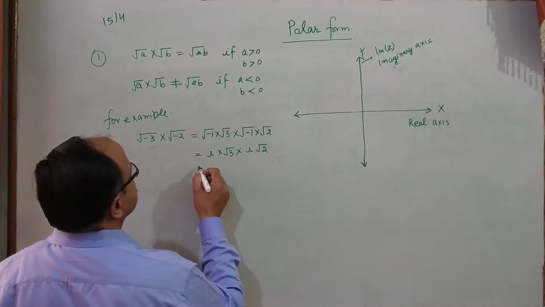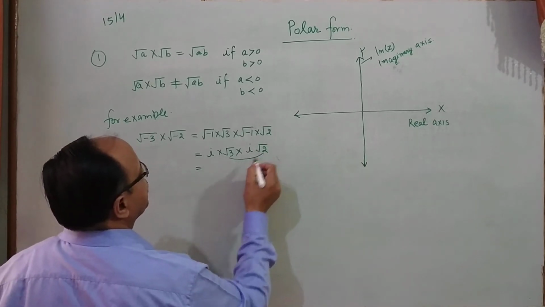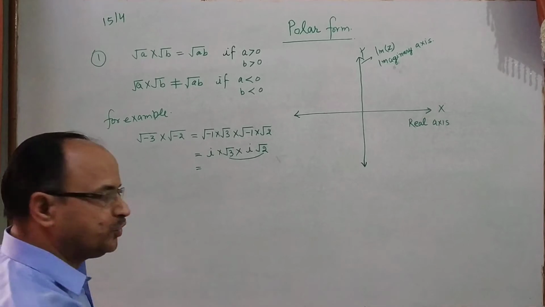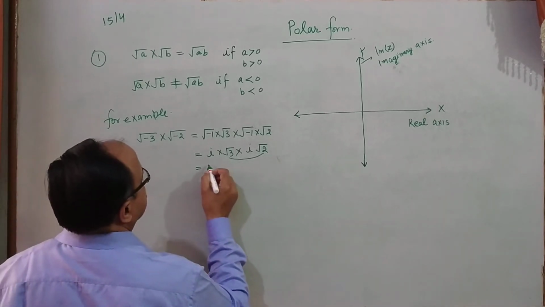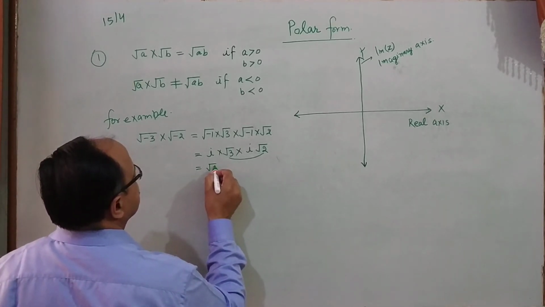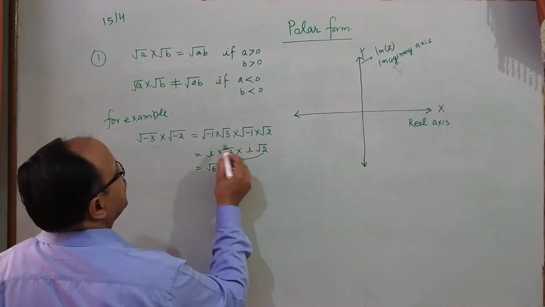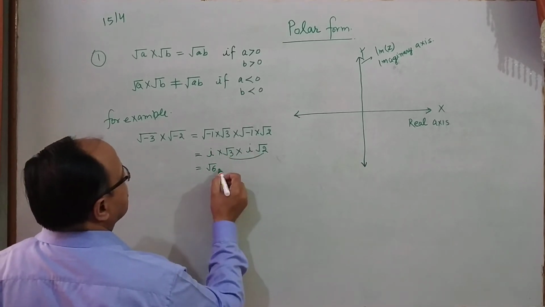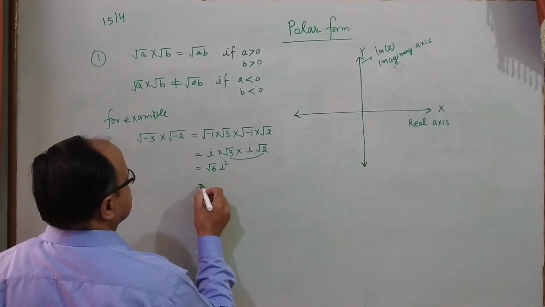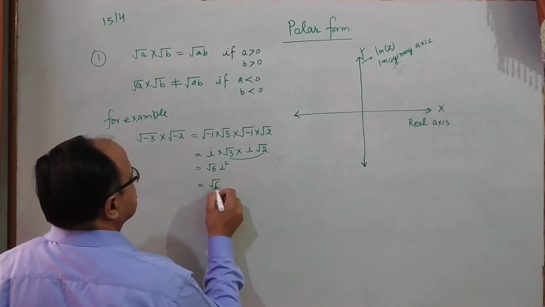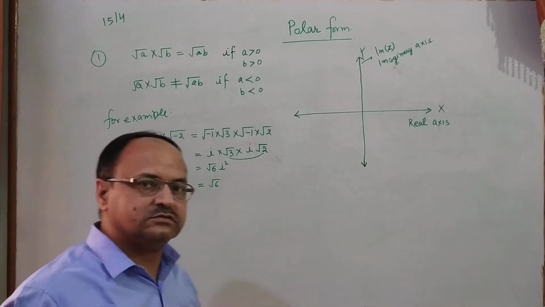Root 2 into root 3, that is root 6. Iota into iota is iota square. And what is the value of iota square?